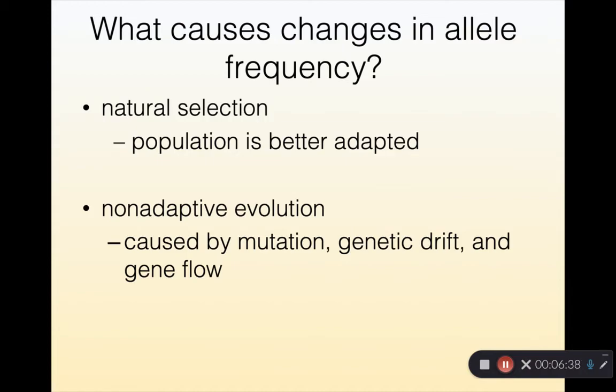That is going to be caused by mutation, genetic drift, and gene flow. These are all concepts that we're going to be covering in our next lecture. But this is a good way to set us up for understanding natural selection, the gene pool, and ultimately the topic of the next couple of lectures, non-adaptive evolution.